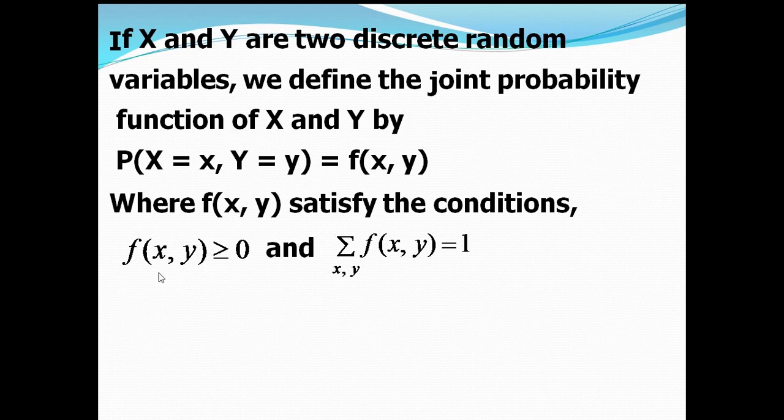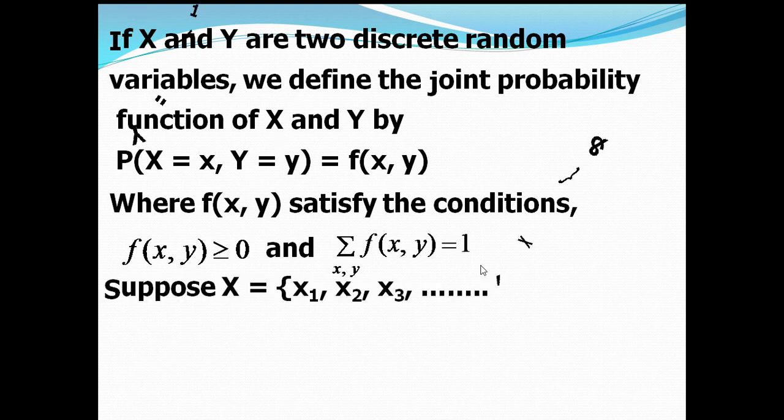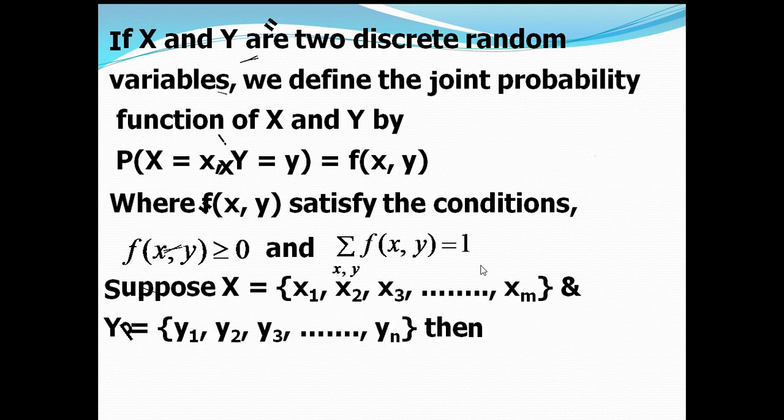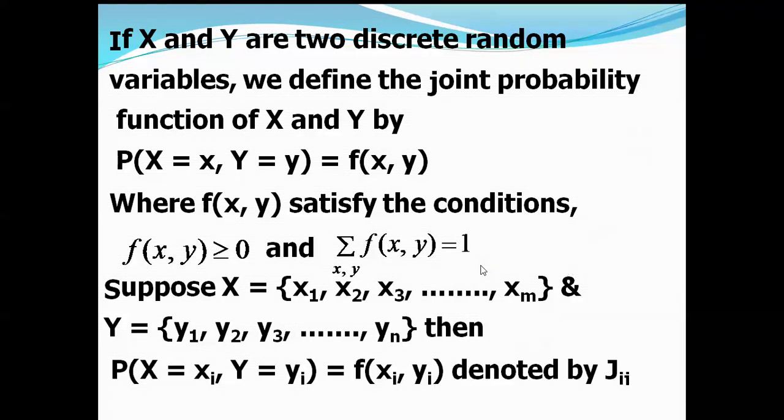One is f of x, y is greater than or equal to 0, and the other is the sum of f of x, y is equal to 1. That is, the sum over all values of x and over all values of y of f of x, y is equal to 1. These are the two conditions that must be satisfied in a joint probability distribution.